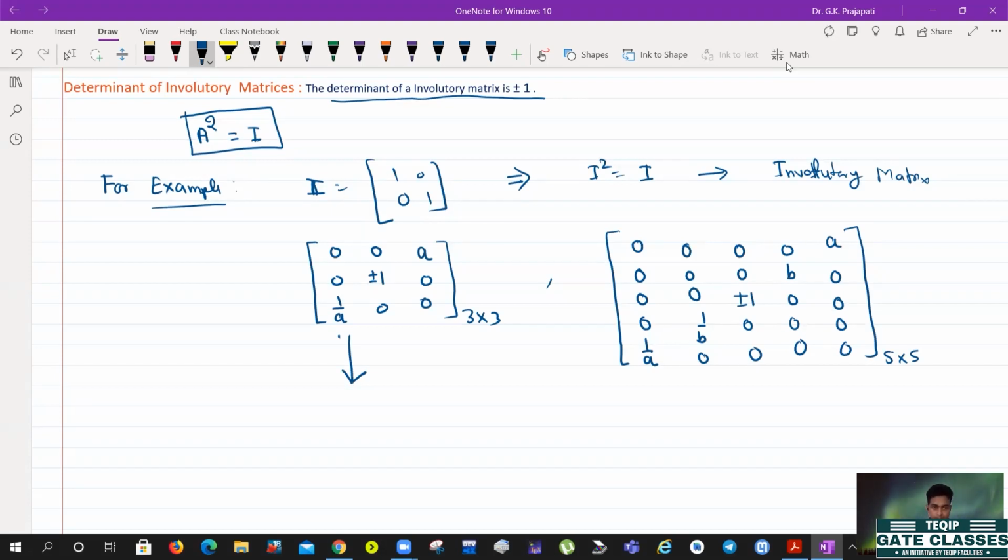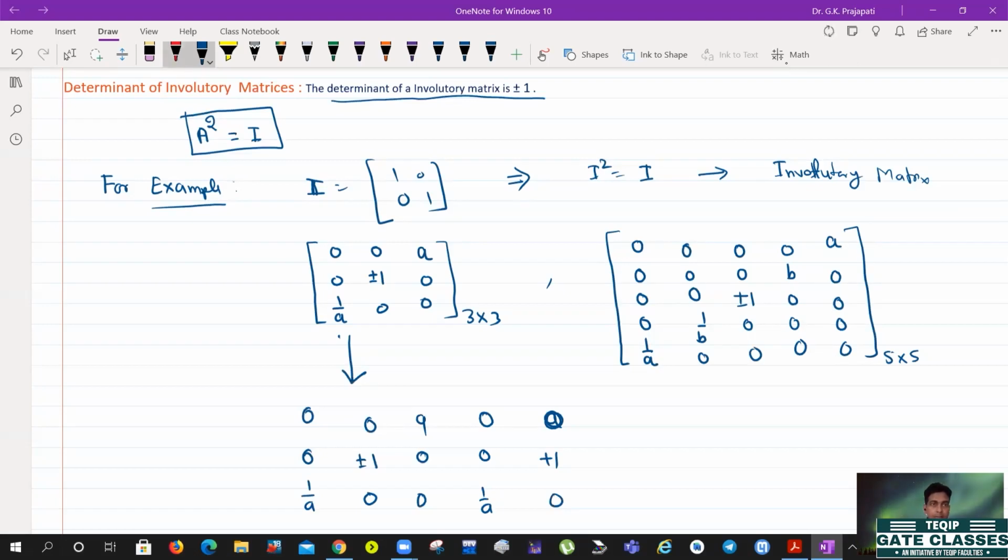Then write each column, that is 0, 0, 1 by a, 0, plus minus 1, and 0, a, 0, 0, and repeat the first and second column, that is 0, 0, 1 by a, and a, second column, that is 0, plus minus 1, and 0.